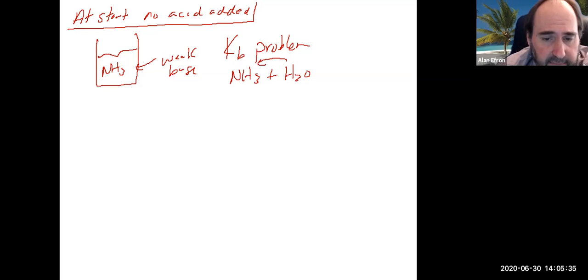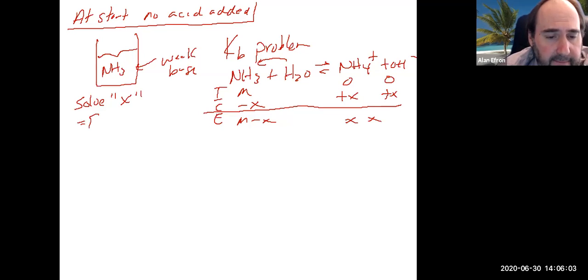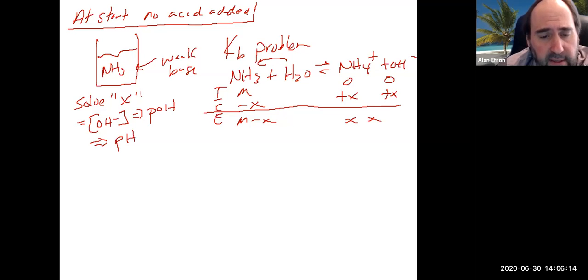It's going to accept the H plus and make NH4 plus and OH minus. You would use an ice table here. You would use your molarity and X's. So molarity, zeros, minus X, plus X, plus X. You would solve for X in this case, just like a normal Kb problem. And just like a normal Kb problem, that would equal not the H plus concentration, but the OH minus concentration, which obviously will get you to your pOH and then to your pH in that case.